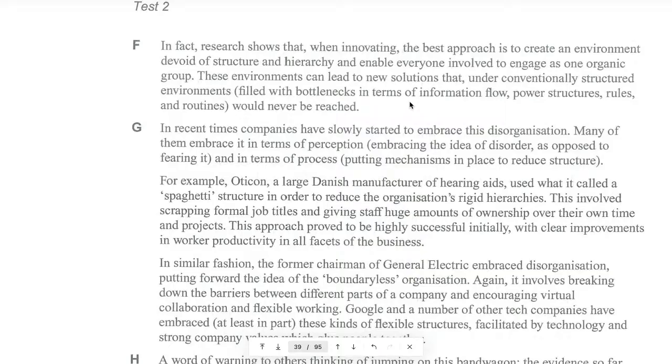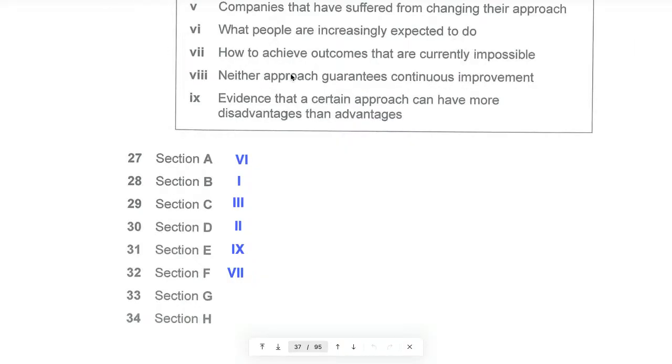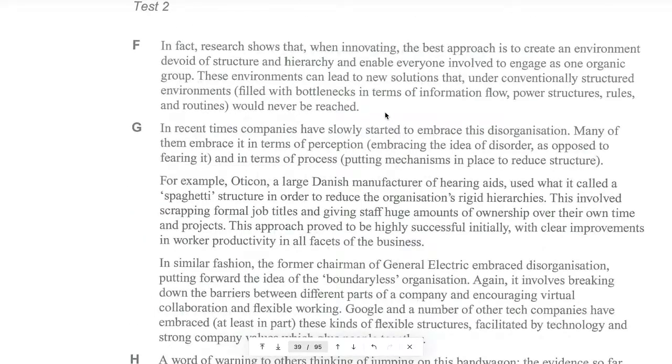Now tell me why. For example, how to achieve the outcomes. How can we do that? Don't read everything again. Just tell me how. They create an environment. Yes. How?